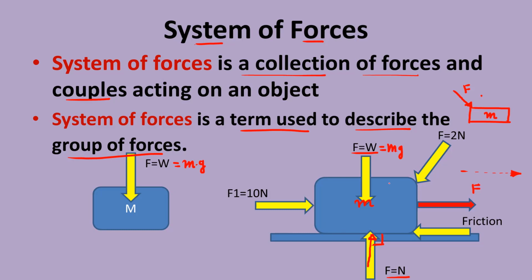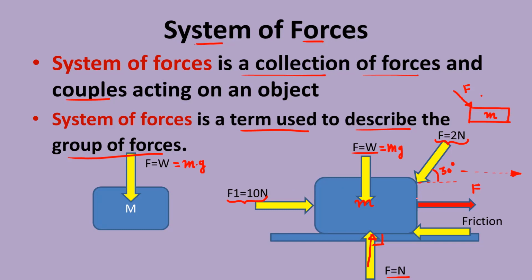Next, we have applied two external forces. One is F equal to 2 Newton, which acts in the inclined direction. Suppose this angle is 30 degrees. And there is another force, which is 10 Newton in the rightward direction.